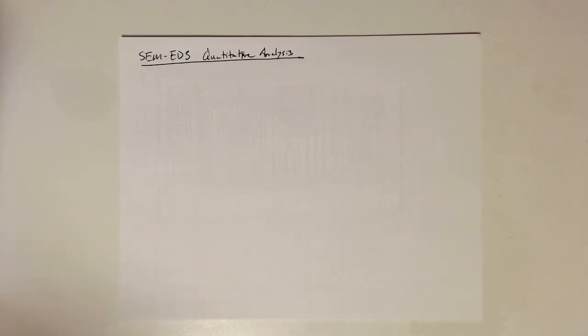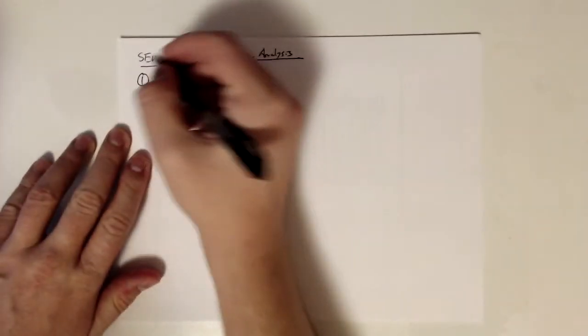All right, so now that we've looked at some quantitative analysis for XRF, let's look at quantitative analysis that happens within the electron microscopy, SEM in particular, for EDS. There's a lot of similarities between the two, but there are a couple important differences.